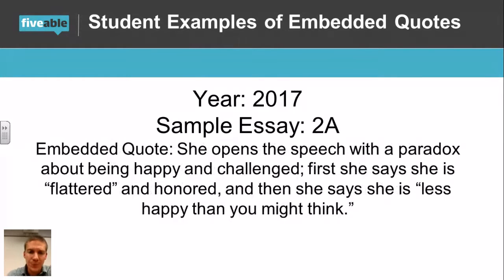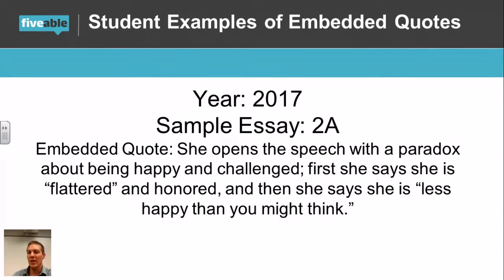Let's go to another one. This is from just the year prior, 2017. Again, out of context, we don't even know who the author is. It says she opens, but let's read this. "She opens the speech with a paradox about being happy and challenged. First, she says she is flattered and honored, and then she says she is less happy than you might think." This is a great use of effective writing.